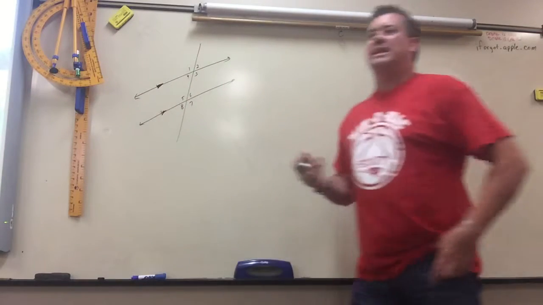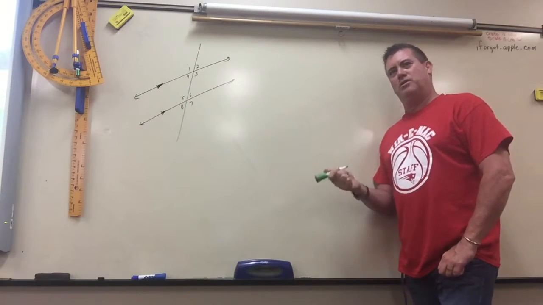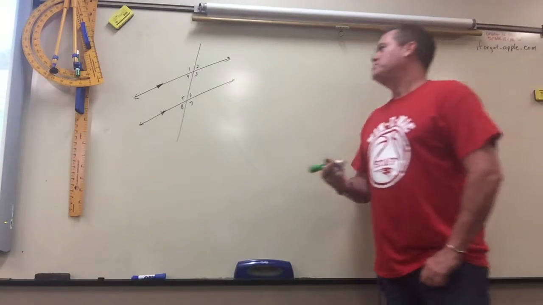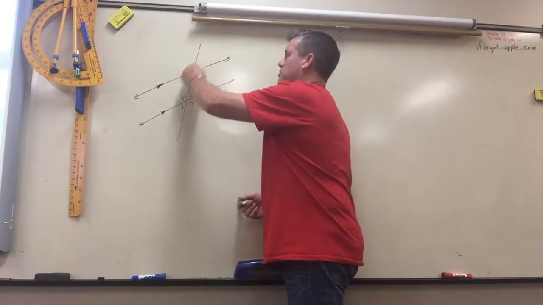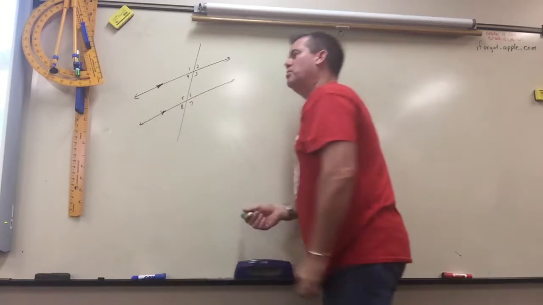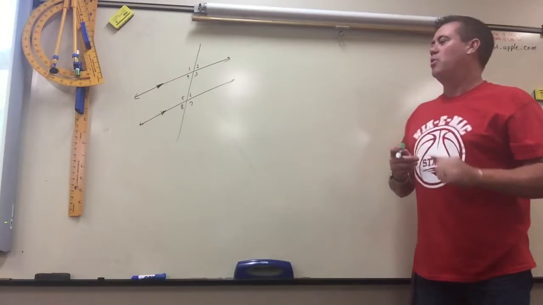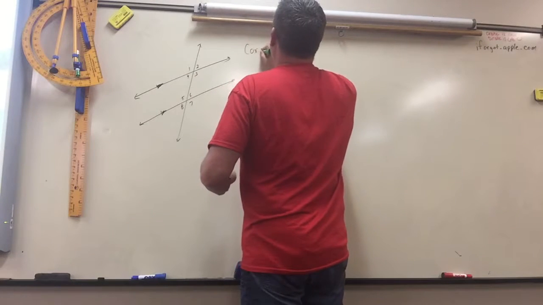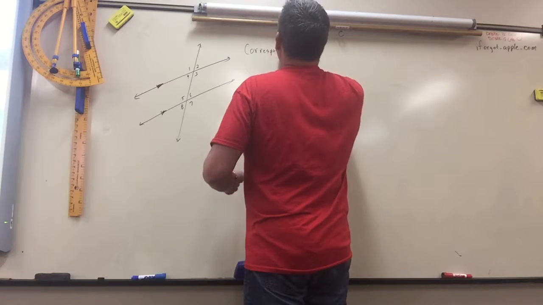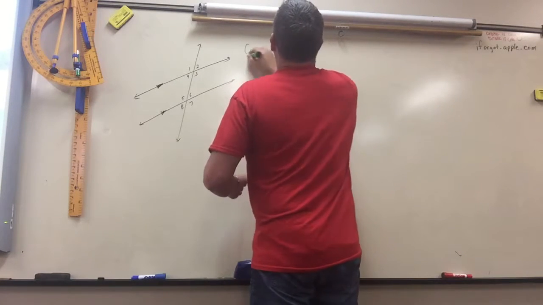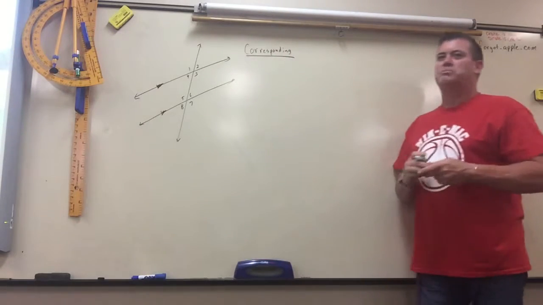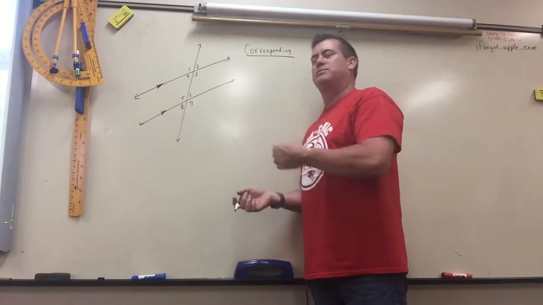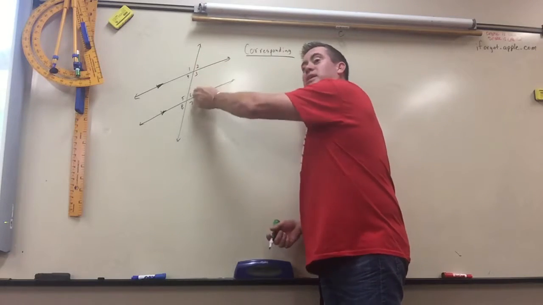So, there's names of angles, and you do need to know these names. It's just something you're going to have to memorize. Besides vertical, 2 and 4 are vertical, 1 and 3 are vertical, all that. The most common one is corresponding angles. If I asked you what angle corresponds to 2? 6.